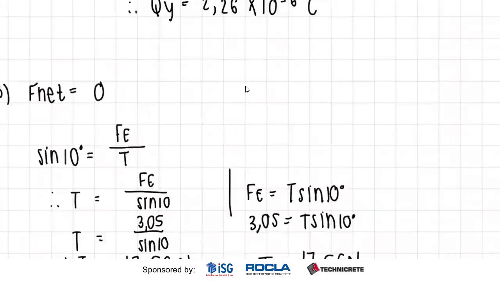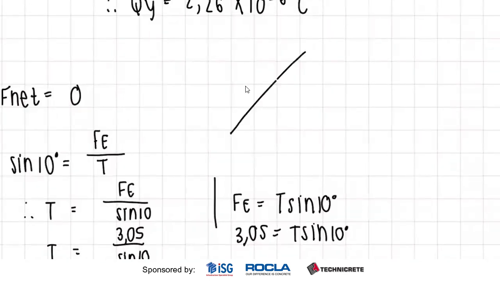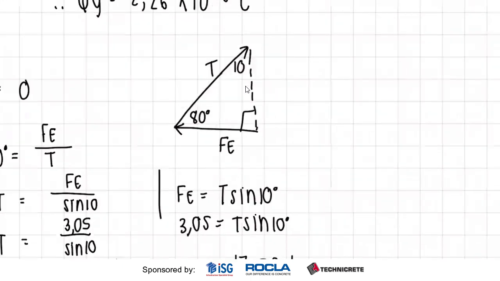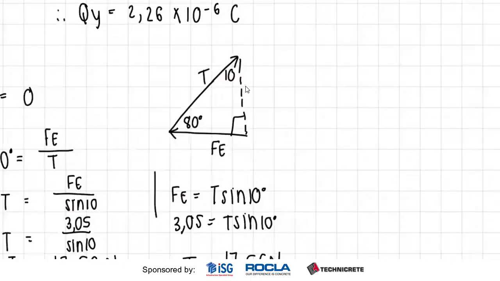Let me re-explain this quickly. We have the tension, the electrostatic force, and the string. This angle we were given is 10 degrees, and this one is 90 degrees. Because of our triangle rules, this angle over here is 80 degrees. So to find the tension we can also use cos.